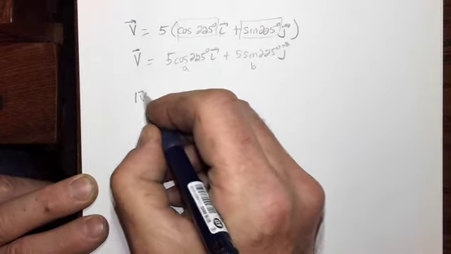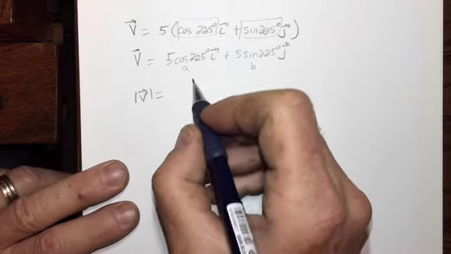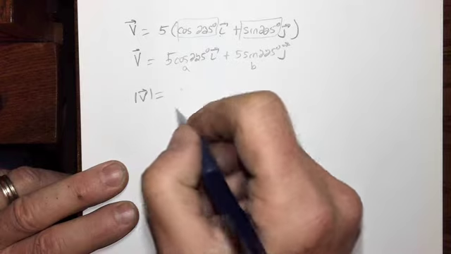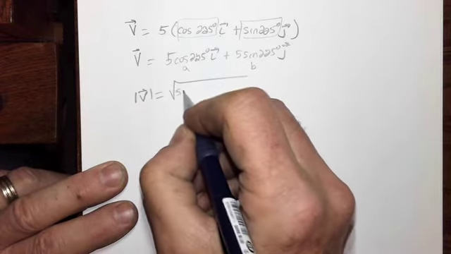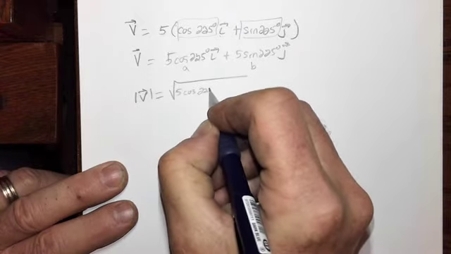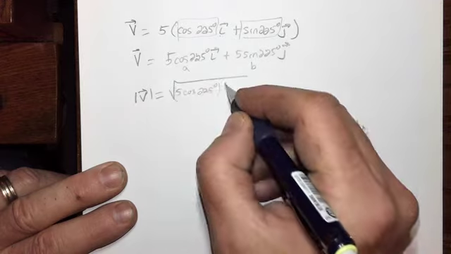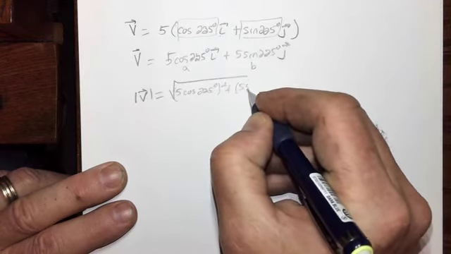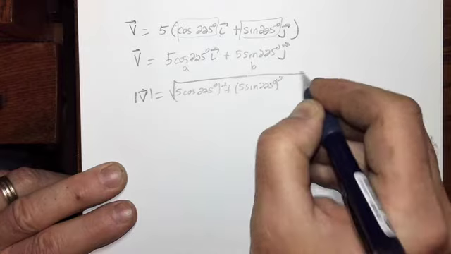So the magnitude of V is going to be the square root of 5 cosine of 225 squared plus 5 sine 225 squared.